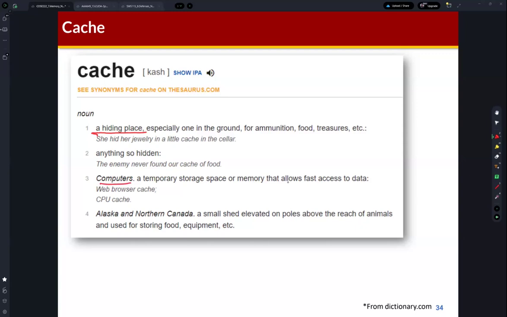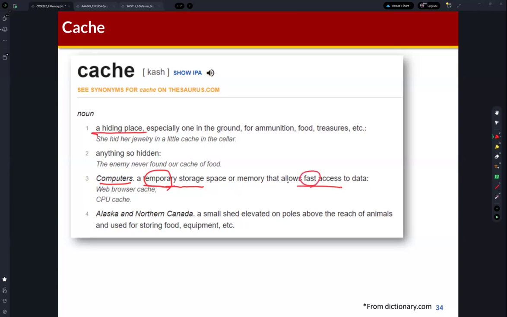Cache is a temporary storage or space or memory that allows fast access to data. So we can focus on two words, temporary. It's a temporary storage. It's not a main memory. We can store our data in the main memory, but cache is a temporary memory space. Also, you can find a word fast.